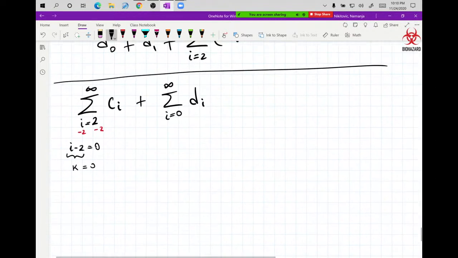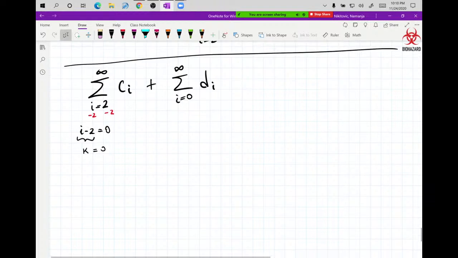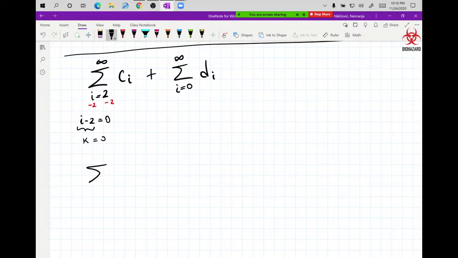Now, when you rewrite this series, you will rewrite this as k equals 0 to infinity, but then you have to have Ck. You can't have Ci. Okay, so how much is i? i is k plus 2. From here, your i minus 2 is equal to k, which means that i is k plus 2.